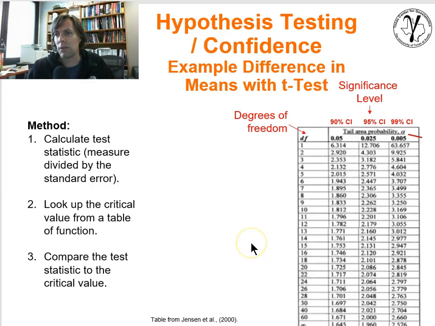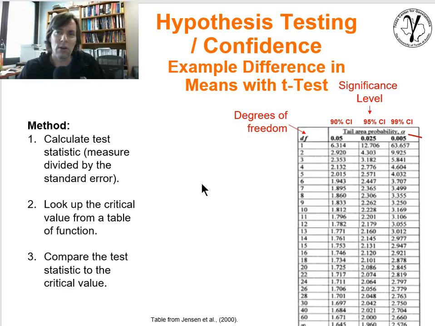Okay, so now here's more discussion about the method, specifically what are the steps involved. What we'll do is calculate a test statistic, a measure divided by the standard error. So this is very interesting. Your measure of difference is being standardized by the standard error so that now you can compare it to a statistic distribution that is itself standard, which, remember, standard just means mean of 0, standard deviation of 1.